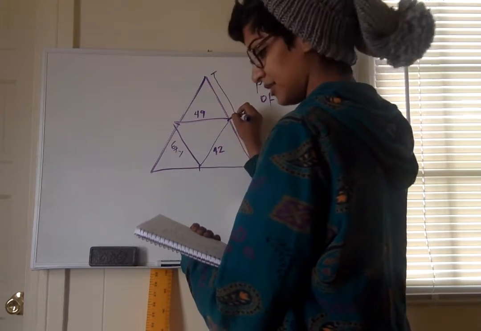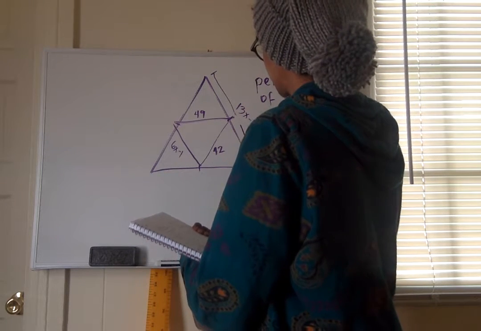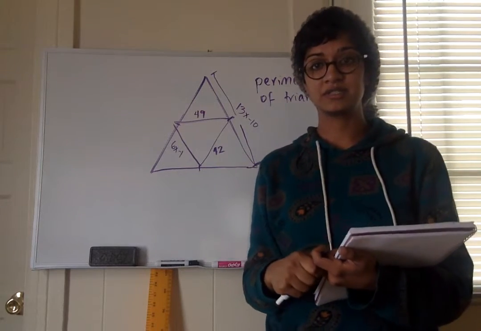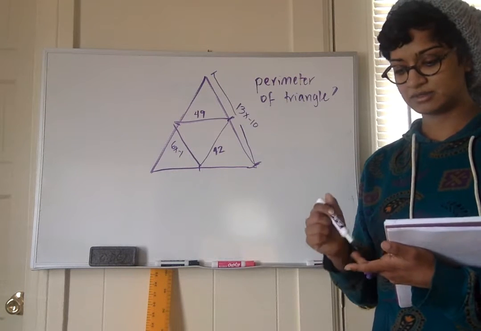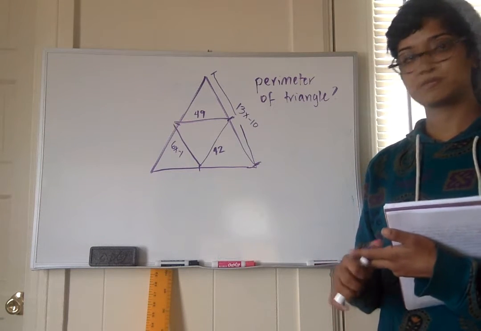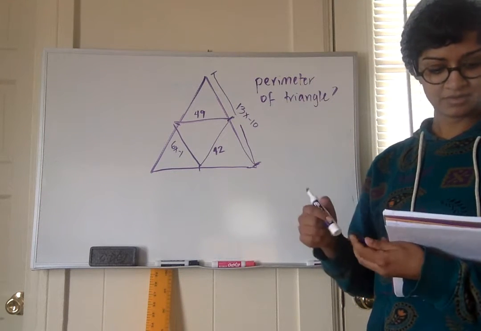And this length is 13x minus 10. Now, you'll likely want to go back into your notes to figure out what the properties of midsegments are. So do that. Pause this. Go ahead, do the problem. But I will keep going.